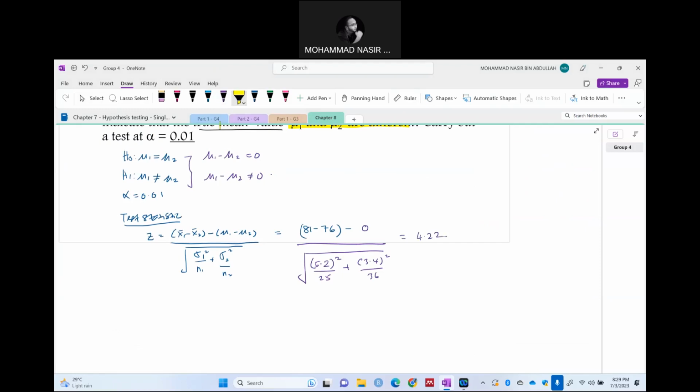So this is a two-tail test, right? If you look at this, the alternative hypothesis is unequal. So it should be a two-tail test. Critical region will be, you're going to have two rejection regions, right? So rejection region on the right hand side and left hand side.